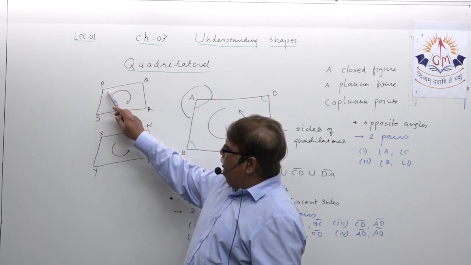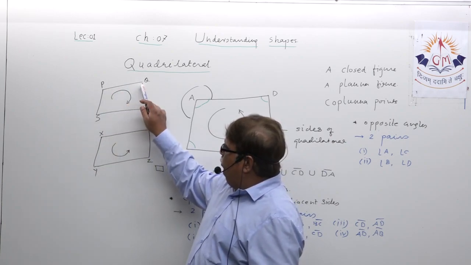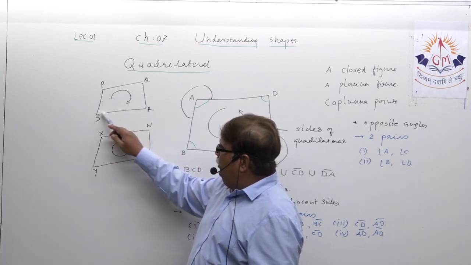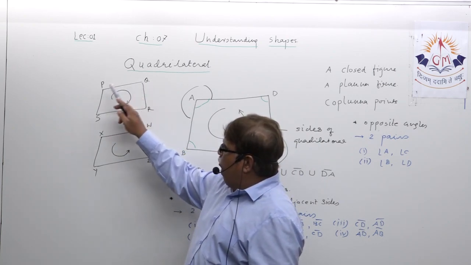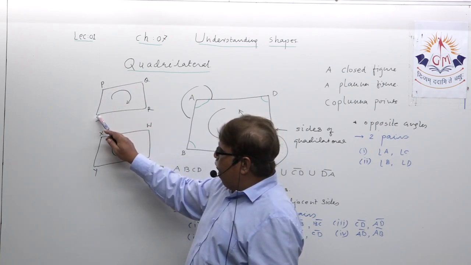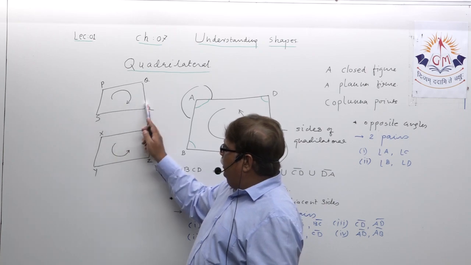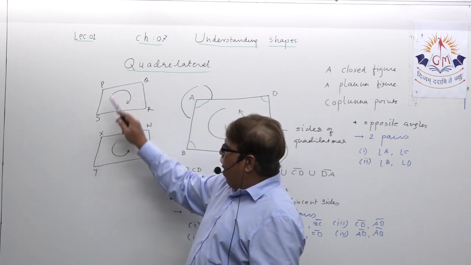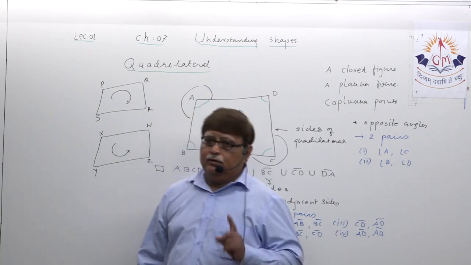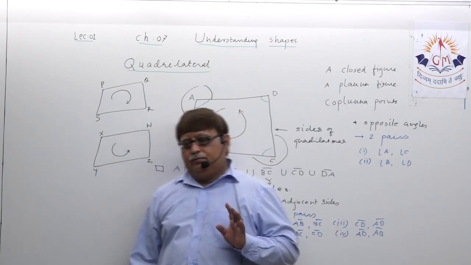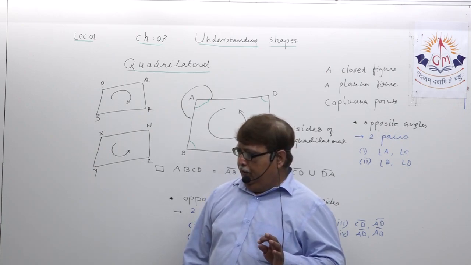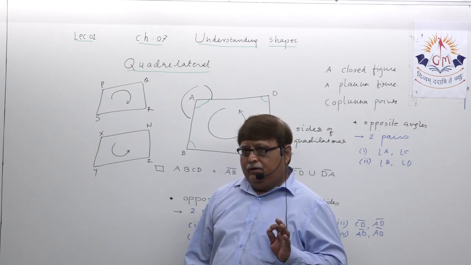Suppose I want to name this quadrilateral starting from Q, you can speak this way also, QRSP, QPSR. Suppose you want to start from S, SRQP, SPQR.